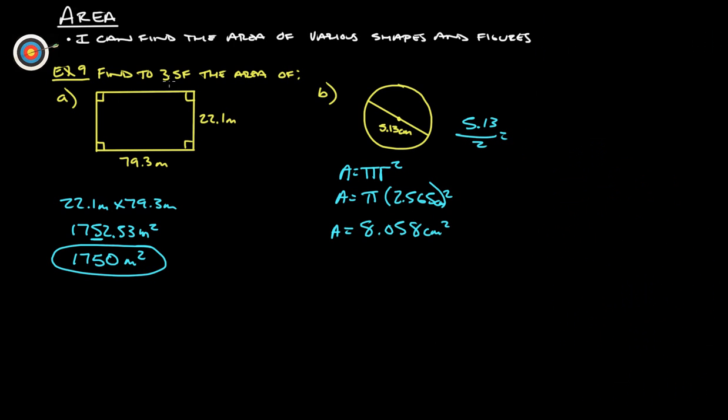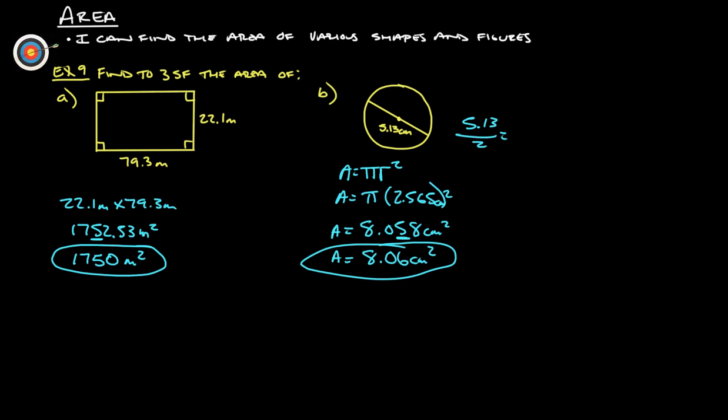But again, we have to go to 3 significant figures. Start from the left, find the first non-zero. There's the first significant figure, second significant figure, third significant figure. This 8 tells the 5 to get bigger, so it's 8.06 centimeters squared will be our area of that circle.